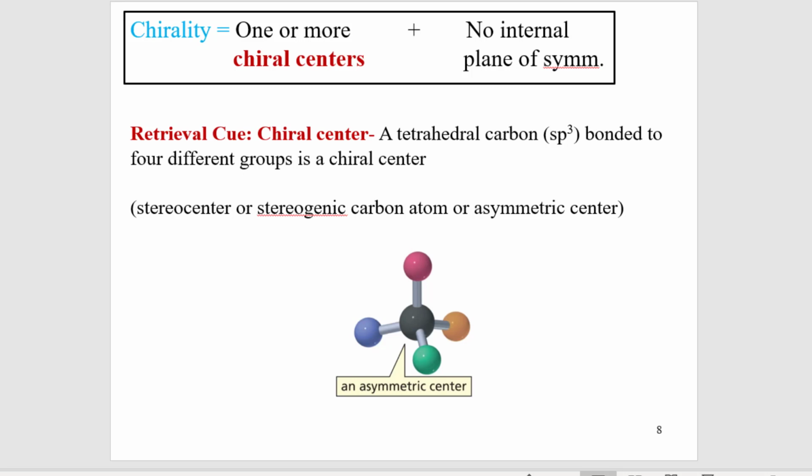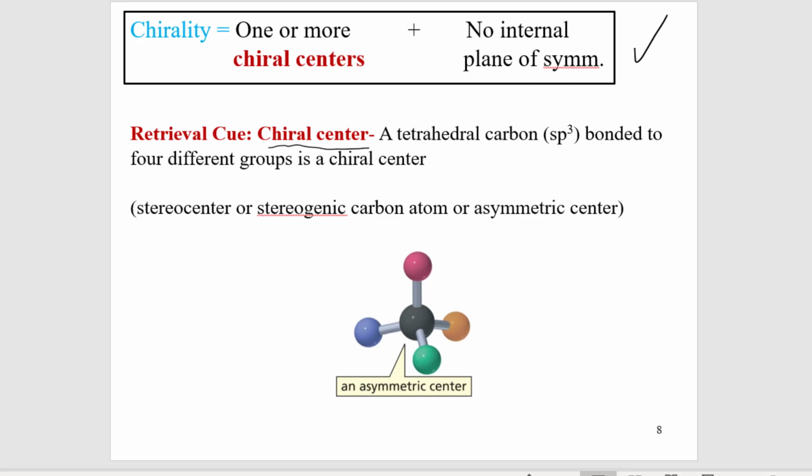Well, I've got the chirality equation up here at the top, and we're going to go through this point by point, okay? So the first thing we have to learn is what a chiral center is. And this is actually pretty easy to define, and this is going to help us a lot. A chiral center is called many different things. It depends on which book you're using.